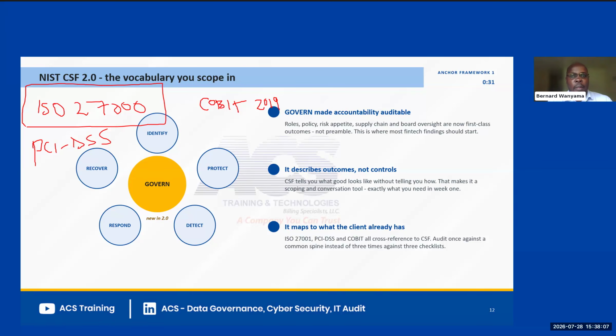You could make a commentary on the framework, but sometimes it's not our place during an audit to speak to the framework itself.